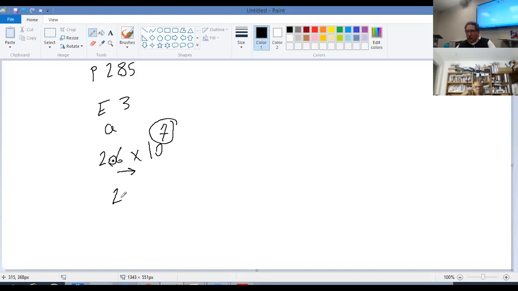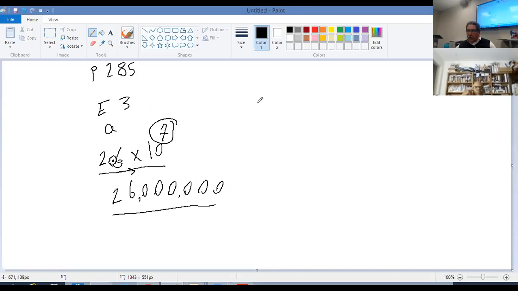So if I have 2.6, it moves 1, then 2, 3, 4, 5, 6, 7. And for these places, I put 0. So that is the same as 26 million. This is the same as this.